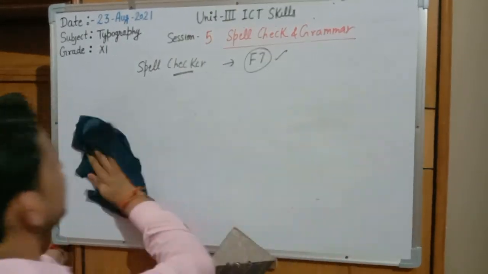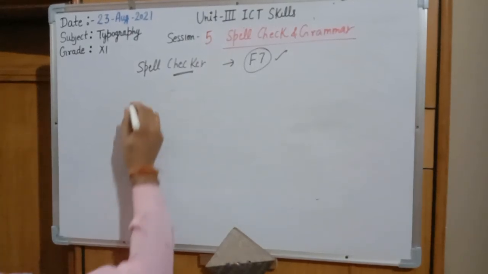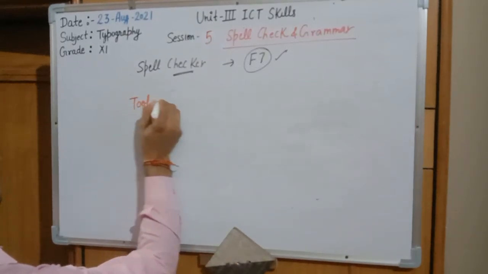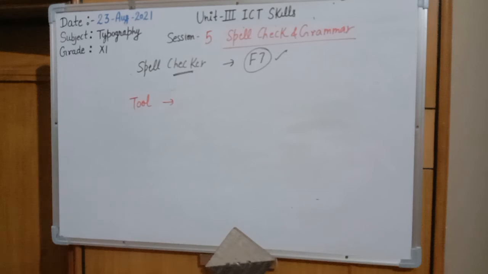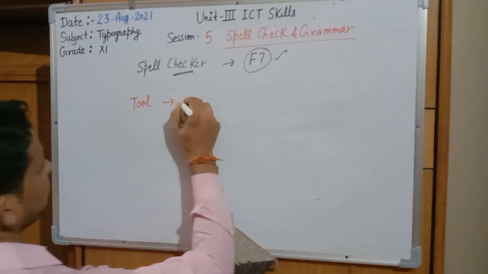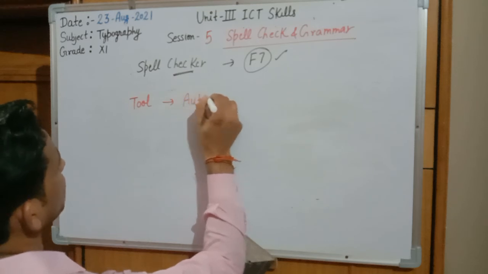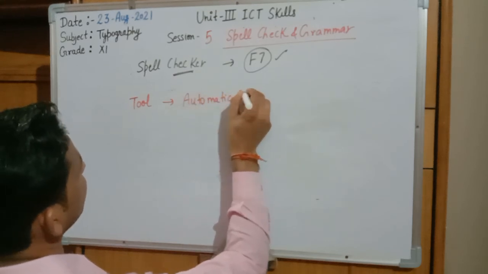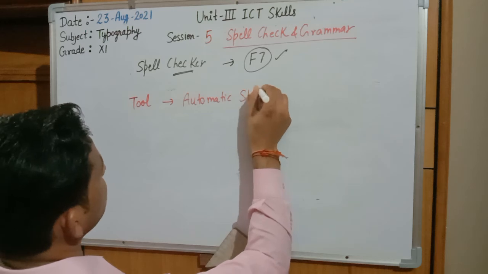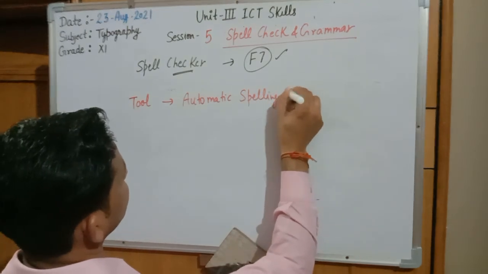If you want to use the autocorrect option, in that case you will select the Tools option. In Tools you will select the option of Automatic Spell Checking. It will automatically check all the spellings and make them correct.